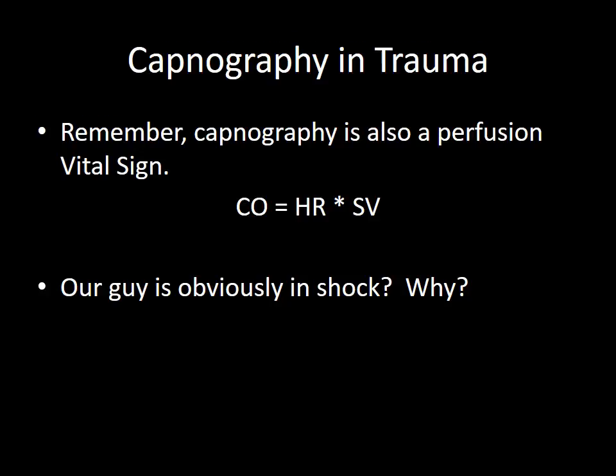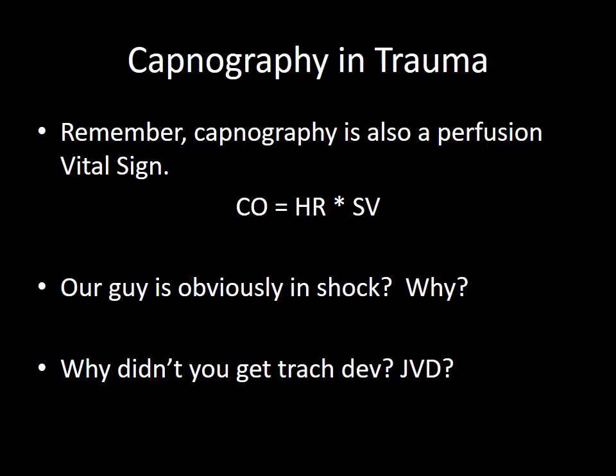But remember, he's increasing difficulty breathing. We can't hear breath sounds, so let's go ahead and assume he might have a tension pneumothorax, and that's easy to treat. So we can definitely decompress that chest. Why didn't we get tracheal deviation and JVD?